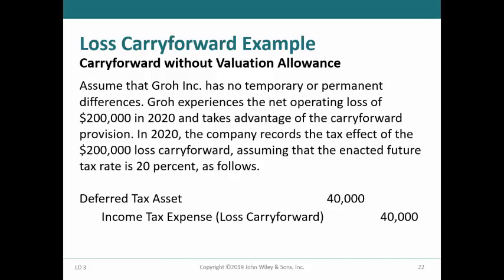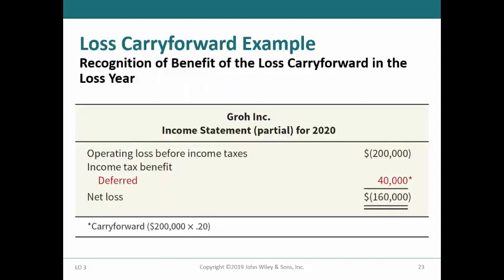They would record the tax effect for the carry forward, which is equal to $200,000 times the current tax rate of 20%, by debiting deferred tax asset and crediting income tax expense or loss carry forward for $40,000. The deferred benefit would be shown on the income statement as a reduction in the net operating loss before income taxes of $200,000 for a net loss of $160,000.